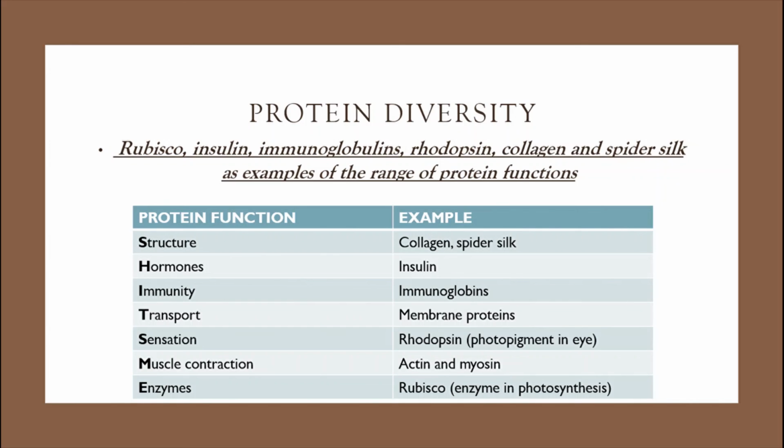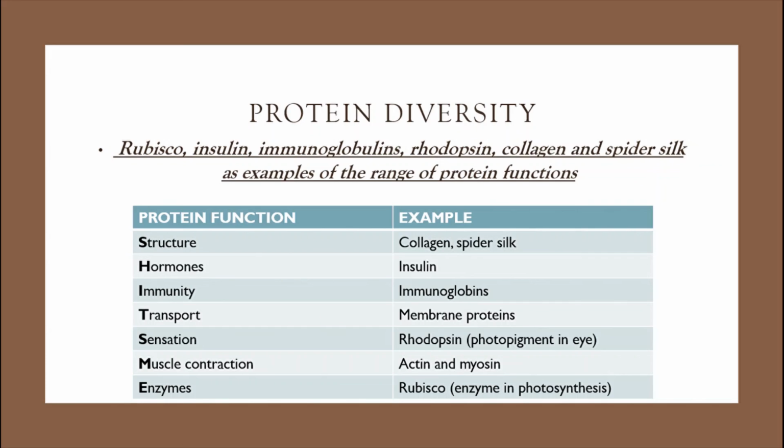Another one is muscle contraction. For those who are doing HL biology, you do need to have an understanding of muscle contraction, and actin and myosin are the proteins that are the contractile units of the muscle. So they contract, and so we can see that proteins can also function as units for muscle contraction.